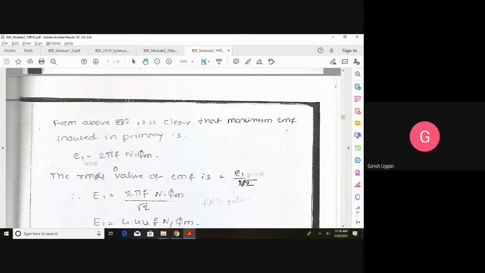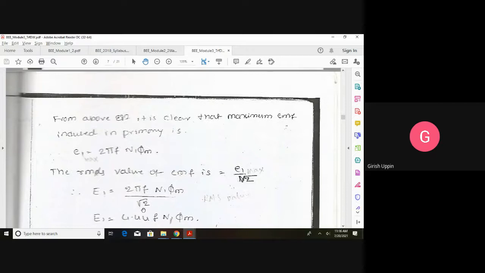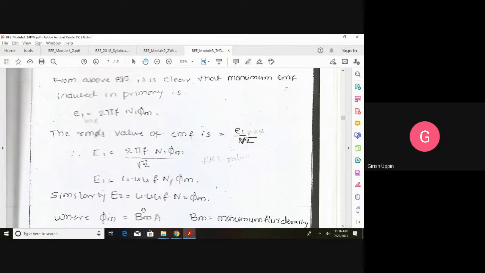And E1 max, you substitute with this formula: 2 pi f N1 phi m divided by root 2. So this is the RMS value of the induced EMF. If you calculate 2 pi divided by root 2, you get 4.44. That's why the RMS value of the primary induced EMF E1 is equal to 4.44 f N1 phi m.